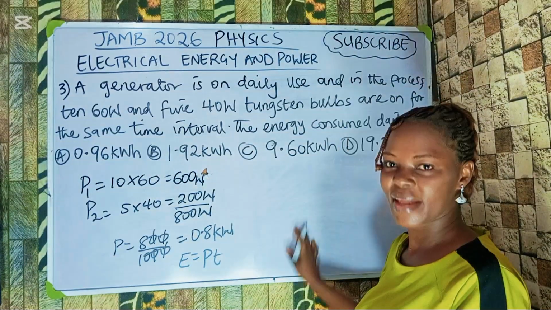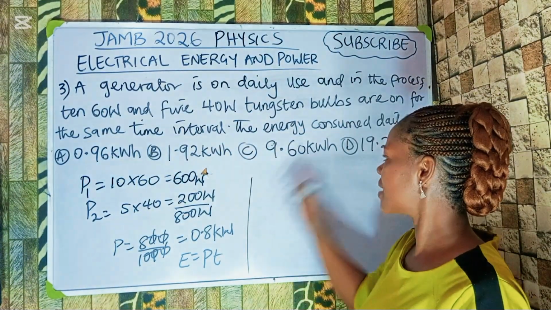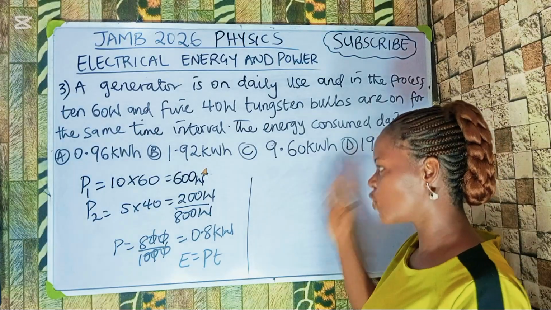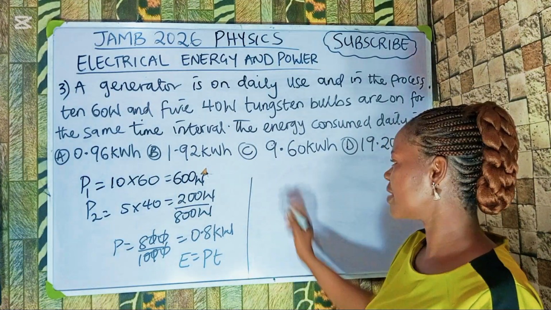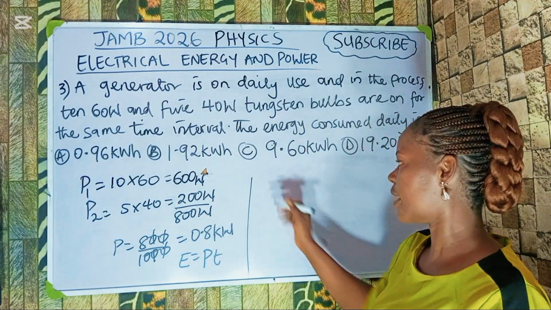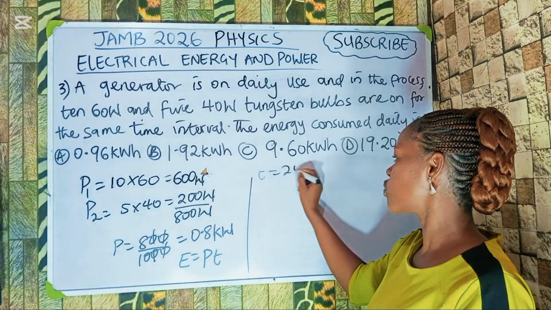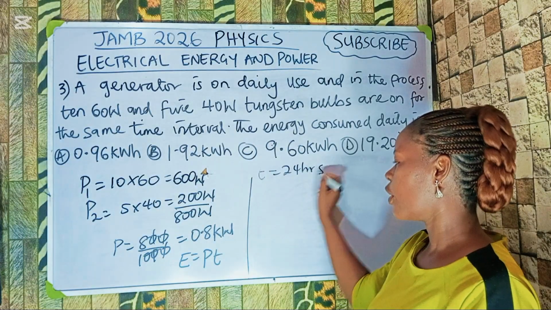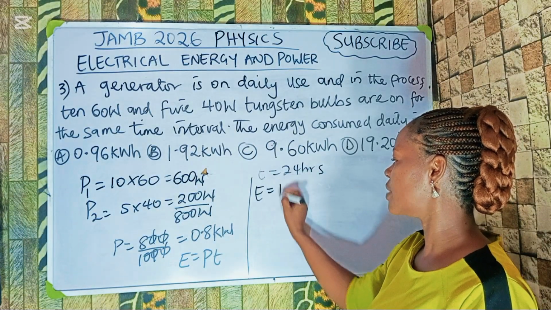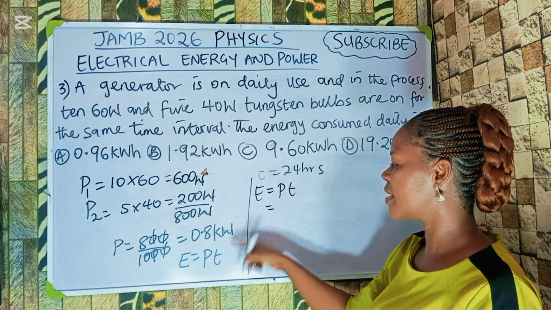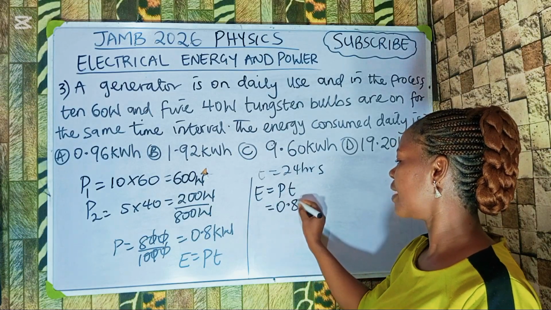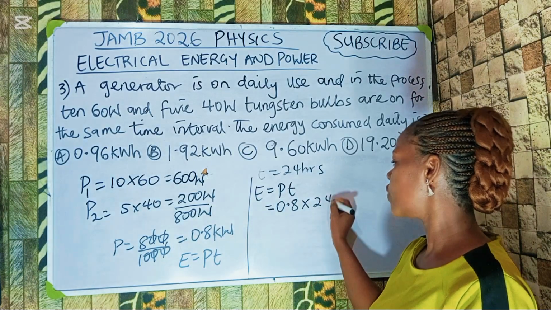Are we there? So with that being said, remember that the time given is for a daily use, for the same time interval, right? And for one day we use 24 hours, right? So time is equal to 24 hours. All right, so the energy now becomes PT. What is my P? That is 0.8 multiplied by 24.